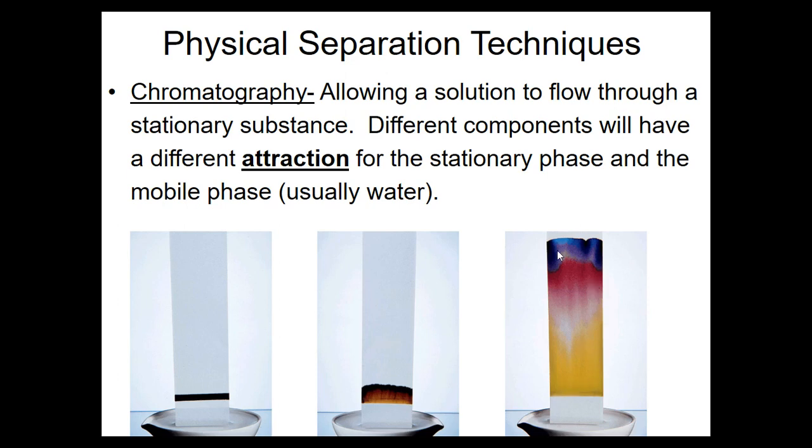So we see the blue ink was very attracted to the water and traveled all the way up the paper. And then we see the different inks that made up the black ink after they are separated. So that is chromatography. An advanced form of this technique is when they look at DNA samples from a crime scene, they actually can separate those using chromatography.